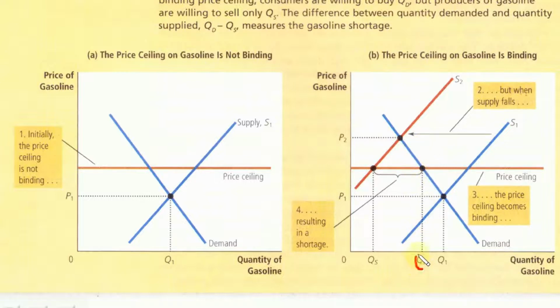This Q2 is the equilibrium because the customer wants to purchase crude oil at the ceiling price. Even though the actual price is P2, as the government regulates the price, this point on the ceiling price is the demand price.